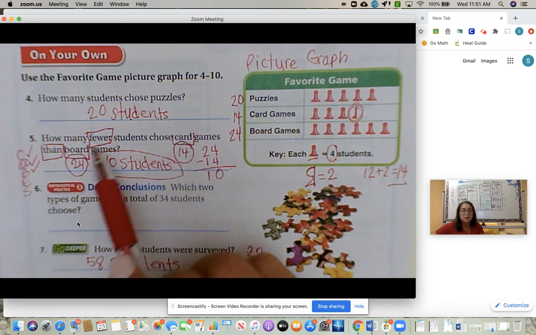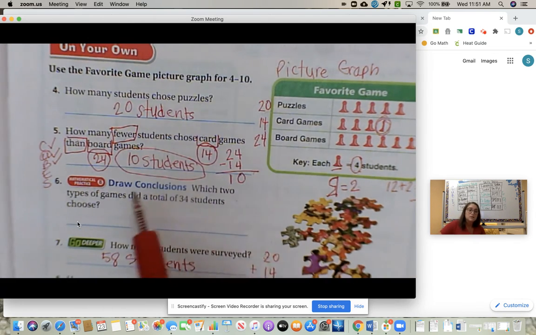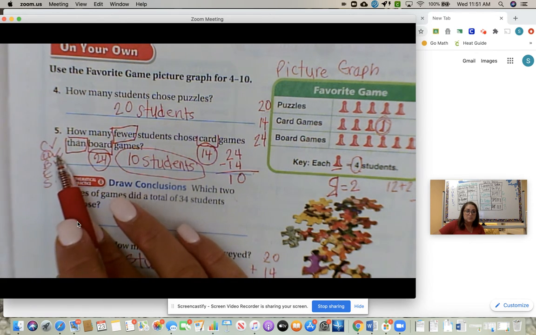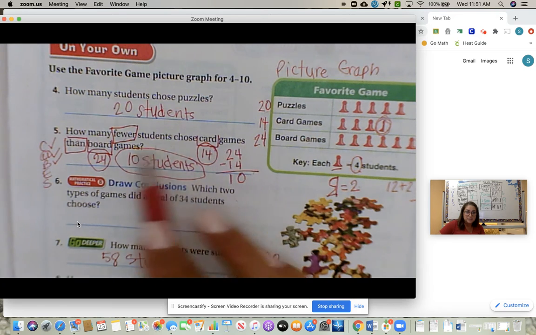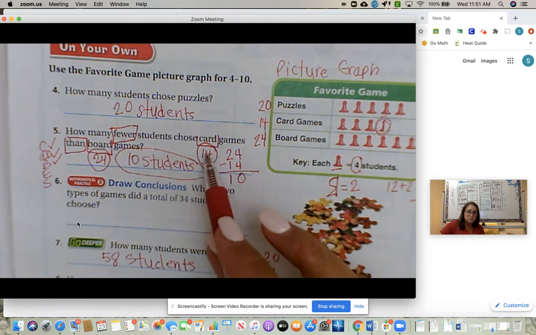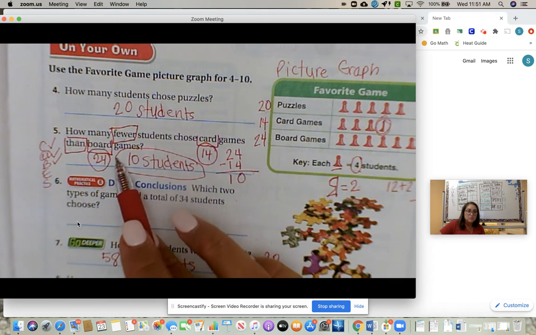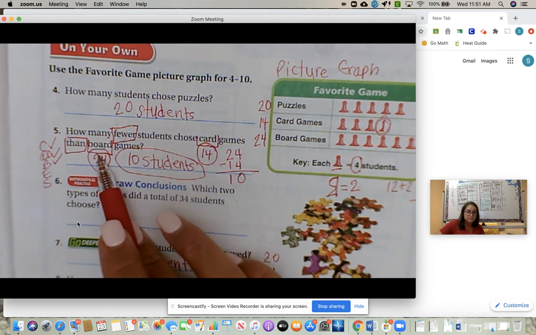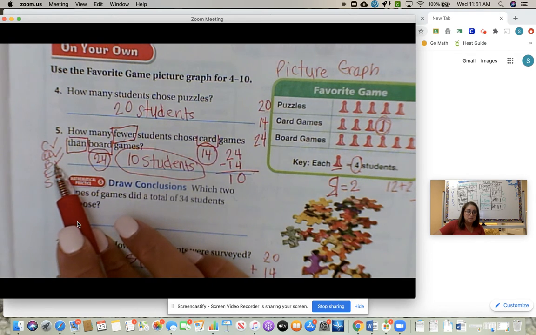We don't need to underline our question because the whole question is the question. So we need to circle our key numbers. We are looking for card games and board games. So we go to card games, we have 14. That's why I wrote 14 and circled it. Our board games, we have 24. Board games 24 and circled it. Then we need to box our math verb.